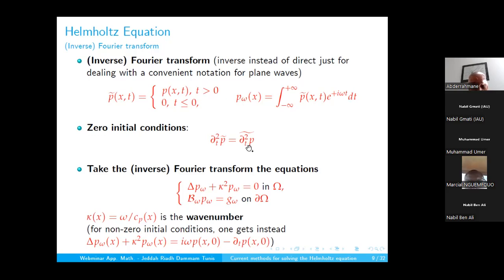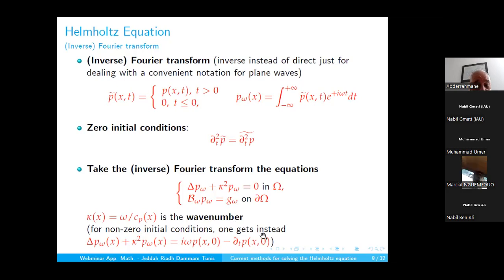And then you can take the Fourier transform of the equation, and you obtain that each of these Fourier components is solution of a Helmholtz equation, with here kappa equal to omega, the variable in the Fourier domain, divided by Cp, and this is the wave number of the equation. In fact, I started from zero initial condition.